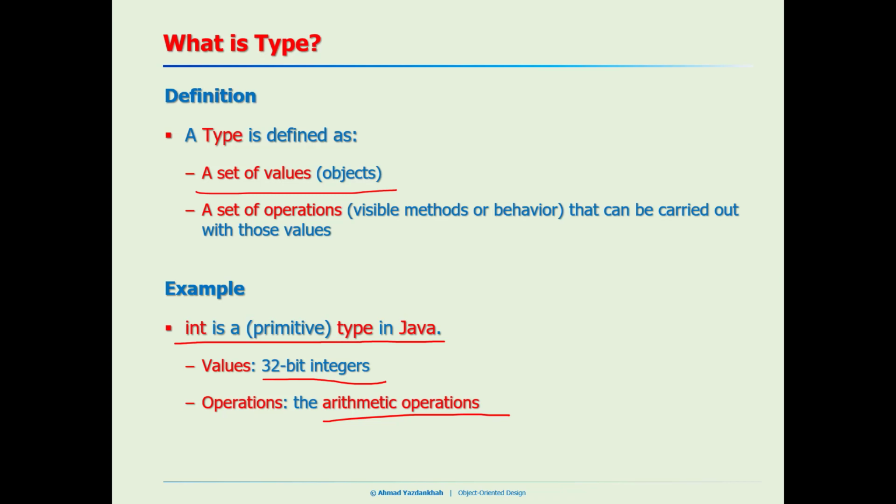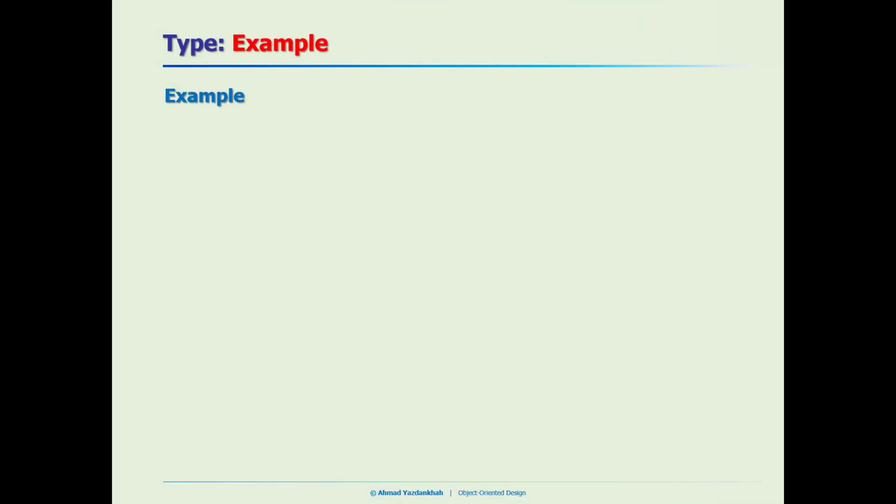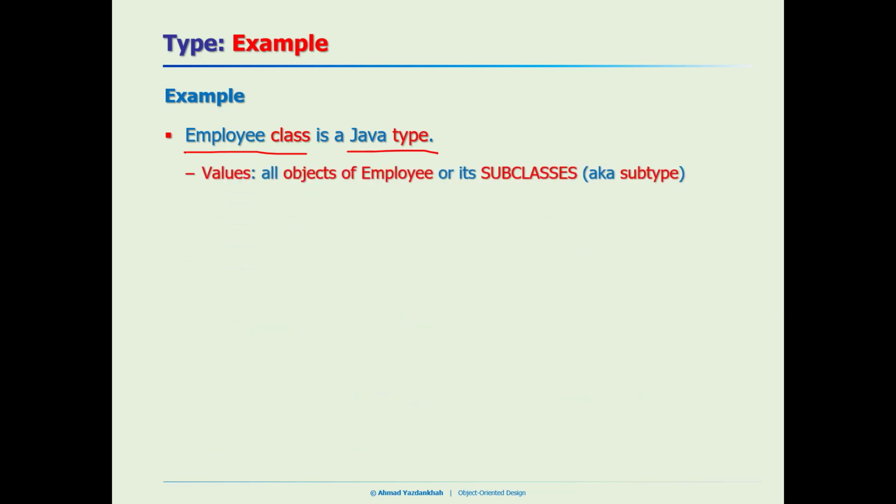So we have the same thing for the object as well. We have a set of values and a set of operations. Let me take an example on the objects. For example, employee class is a Java type. Why? Because we have some values.